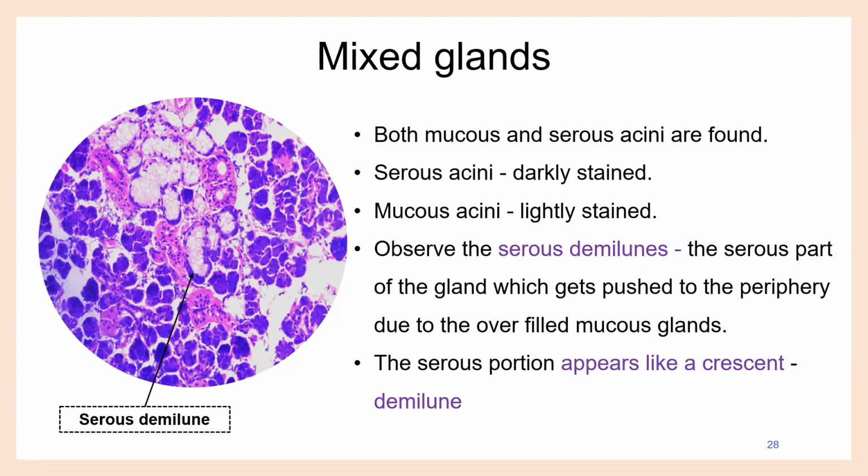Mucous acini are lightly stained, and you can see the serous demilunes. Serous demilunes, mucous cells, mucous acini, serous acini, and these are, of course, the ducts. Serous demilunes appear like a crescent. Demilune means crescent, half moon shaped.